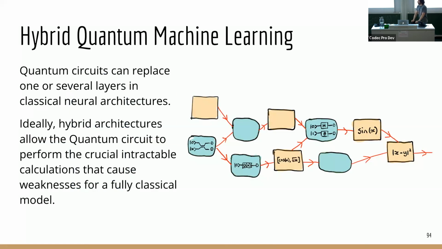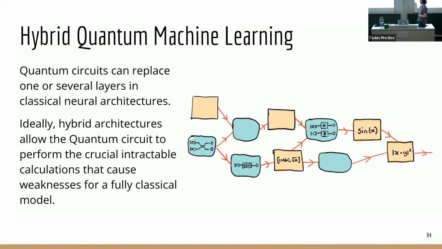When we are using a quantum circuit for QML, we don't have to replace an entire classical neural network with a quantum circuit. In fact, the ethos of Pennylane is to do research into hybrid quantum machine learning. In this paradigm, we aren't trying to completely replace a classical neural architecture with a quantum circuit.